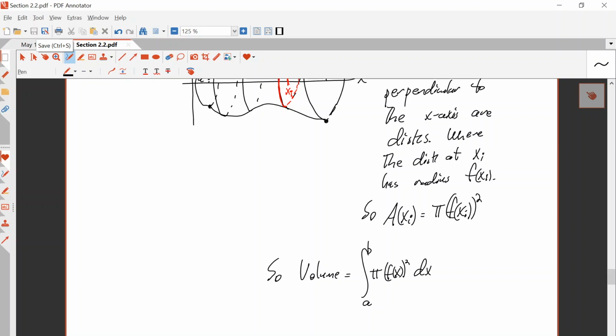Well, let's calculate the volume of a sphere. Maybe you know that the volume of the sphere of radius k is 4 pi over 3 times k to the third. But we can confirm that.